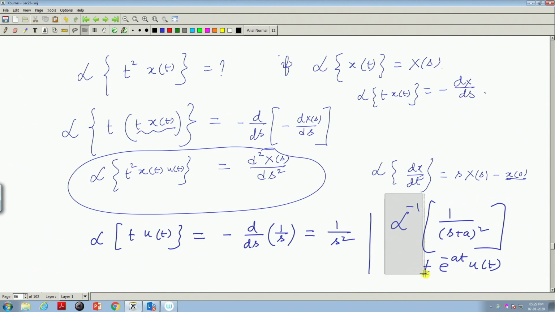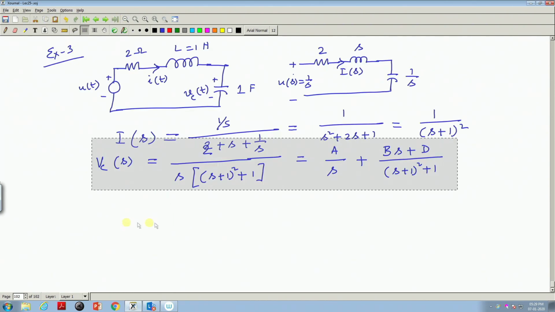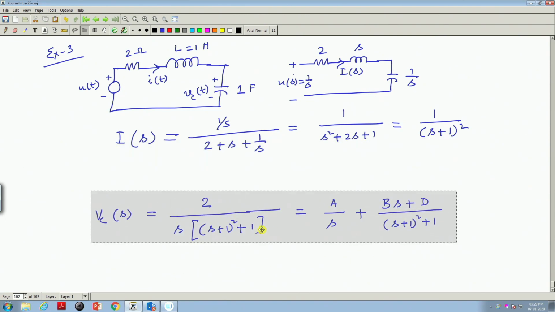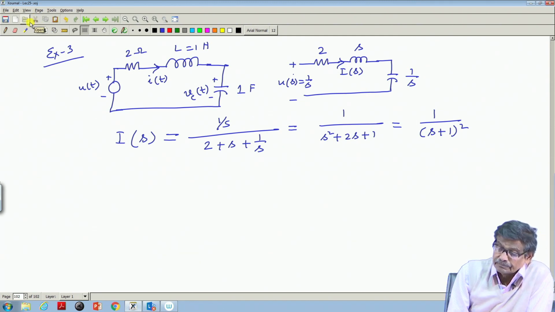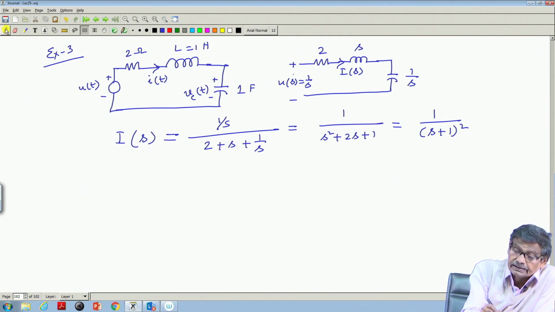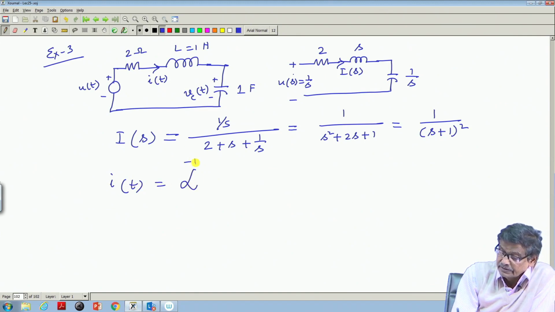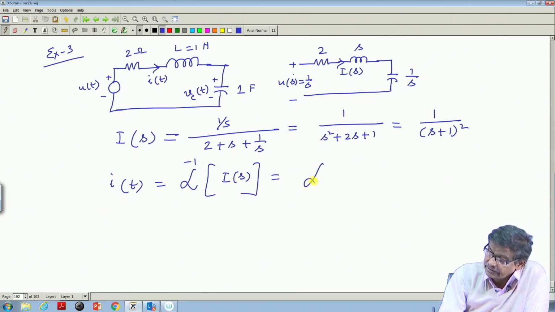So, going to the last page, what did I write? I(t) will be equal to the Laplace inverse of I(s), which is the Laplace inverse of 1 by (s plus 1) whole square.